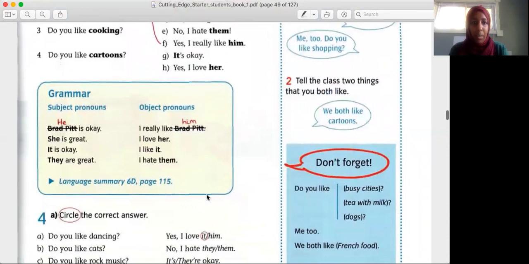So here's the grammar. Subject pronouns are he, she, it, and they. Object pronouns come at the end of the sentence, and he becomes him, she becomes her, it stays it, and they becomes them.